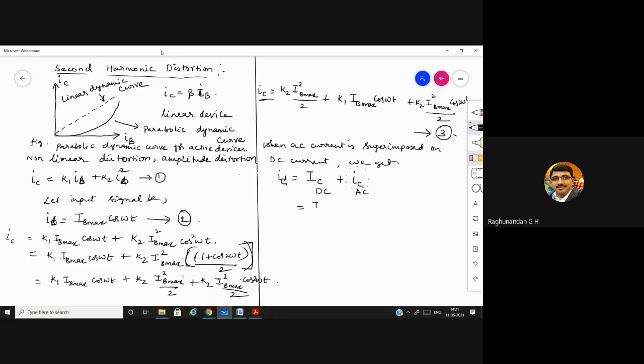So on substitution we get IC plus half K2 I square B max plus K1 IB max cos omega t plus K2 I square B max cos 2 omega t divided by 2. Now take this as equation number 4.